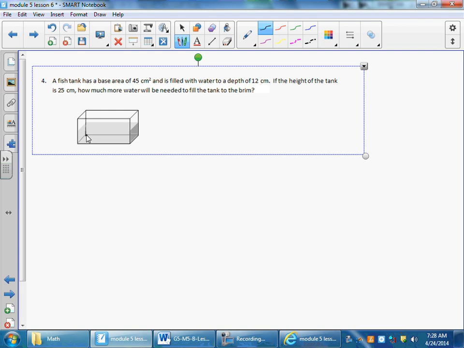So our base area, so one level, or the base area, is 45 square centimeters. Or the first layer of cubes would be 45 cubic centimeters. And the water, which I see right there, is filled to a depth of 12 centimeters.